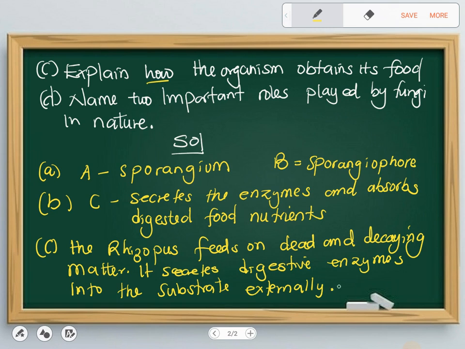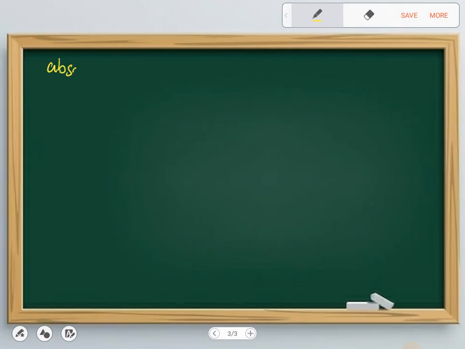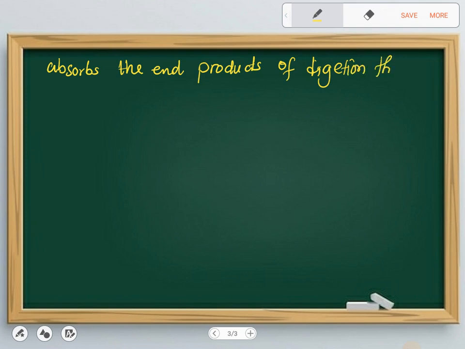All right, full stop. Then it absorbs the end products of digestion through the rhizoid.